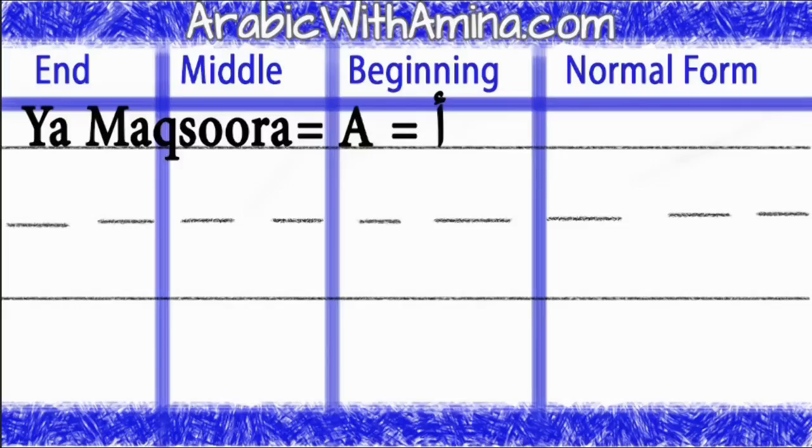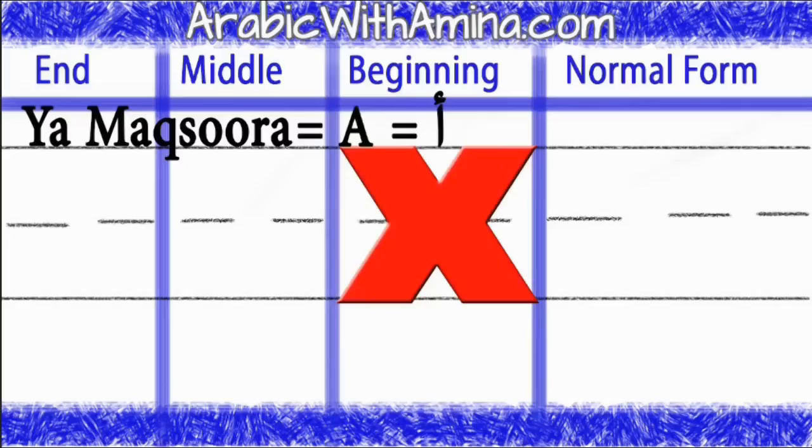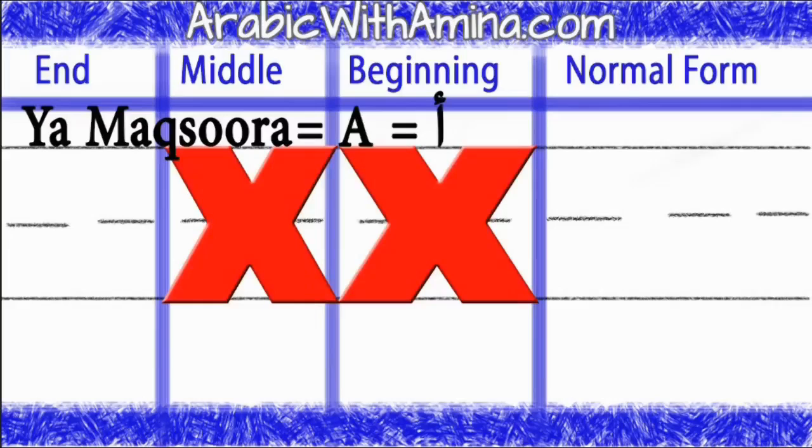And the reason why this isn't considered a letter is because it never comes in the beginning of the word, and it never comes in the middle of the word. It will only come at the end of the word. And this is how it's written. Sometimes you can write a little small Aleph on top, or you can write it without the Aleph. The point is that it looks exactly like a Ya, it just doesn't have any dots.